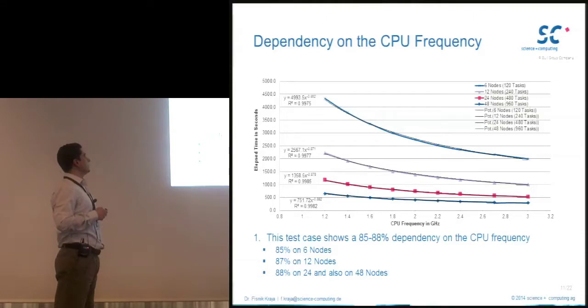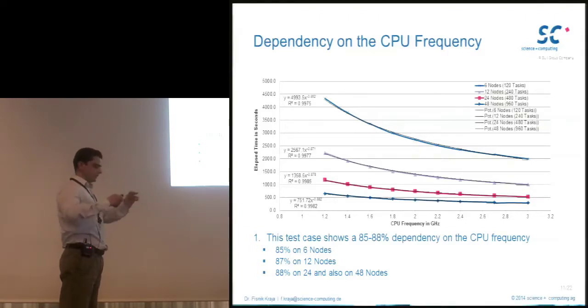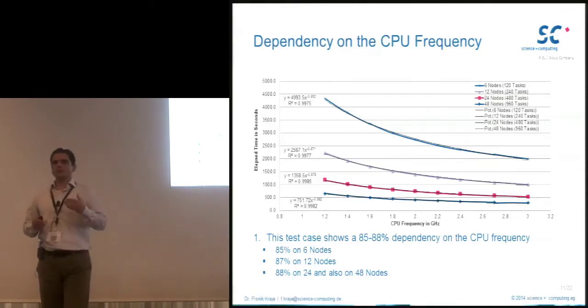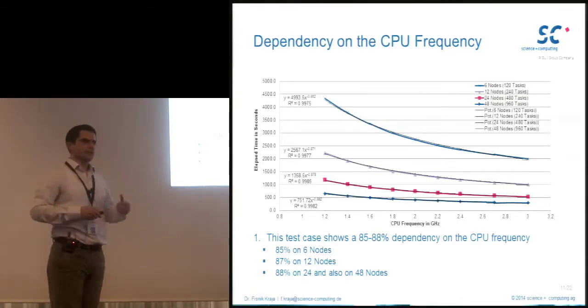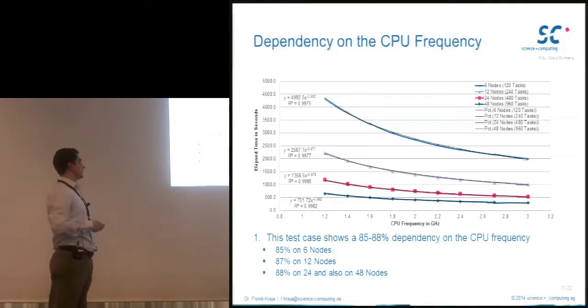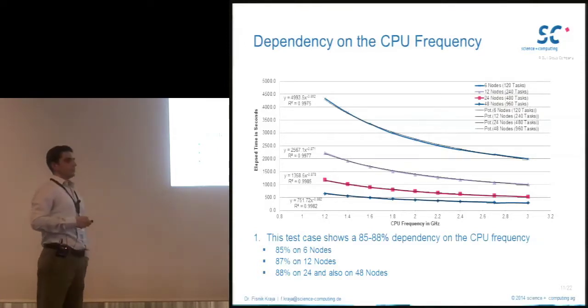And we can see the exponentials here. That means this represents the dependency on the CPU part, but we need to be a little bit more practical. This probably includes other minor dependencies too, but it gives an overview of what's happening, and you get an 85 to 88 dependency on the CPU frequency.